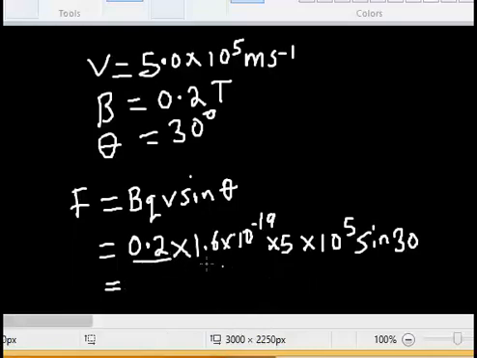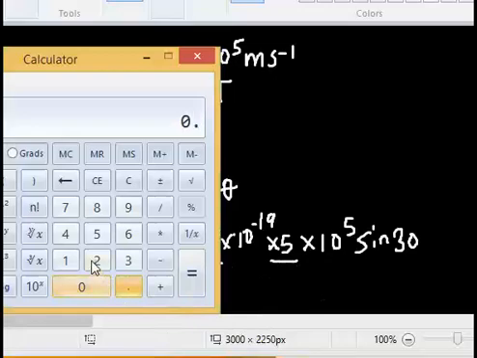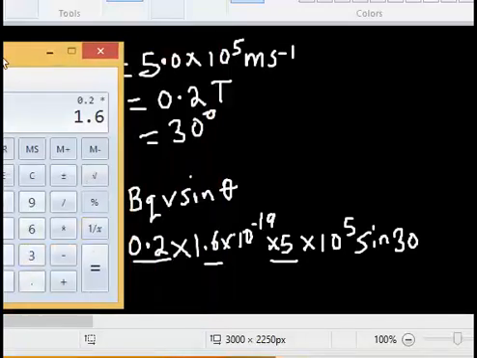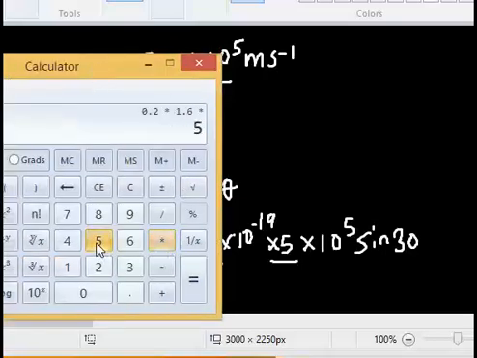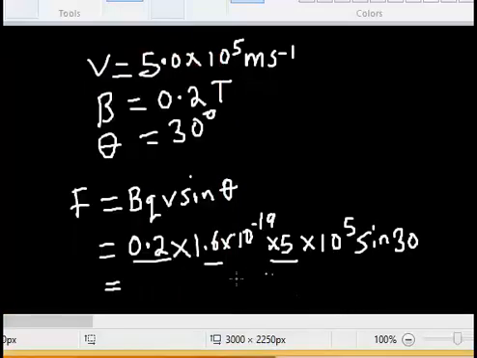So 0.2 times 1.6 times 5 then times sine theta, 0.5, that's 0.8. Then of course, for the powers of 10, you know what we do with them. It's going to be 10 raised to the power minus 19 plus 5.